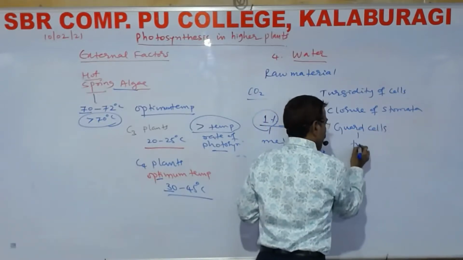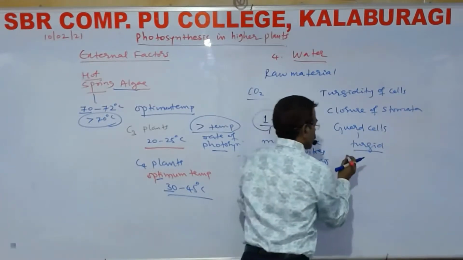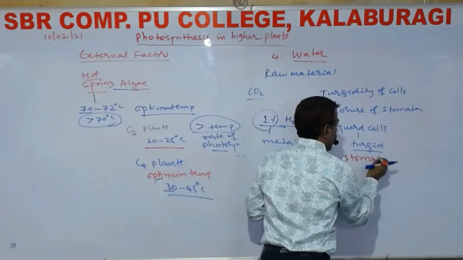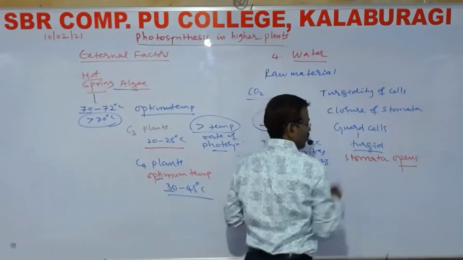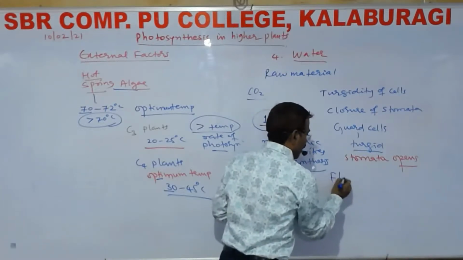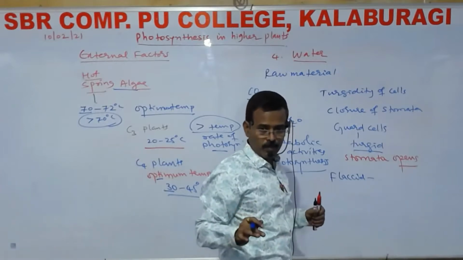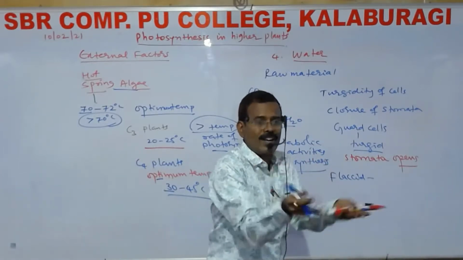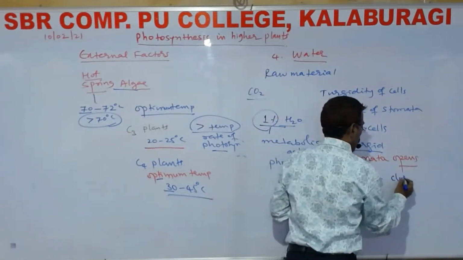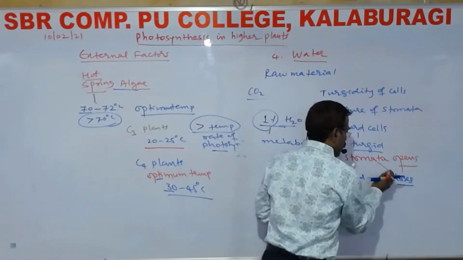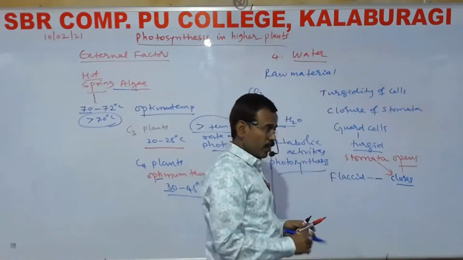When these guard cells are turgid, full of water, the stomata opens. When the guard cells are flaccid, meaning guard cells do not have water, then stomata will close. So it maintains the turgidity of the cell.